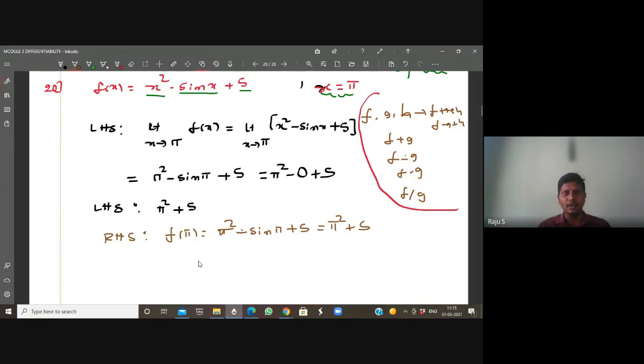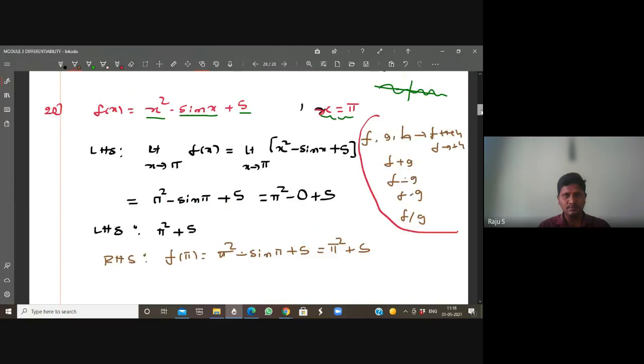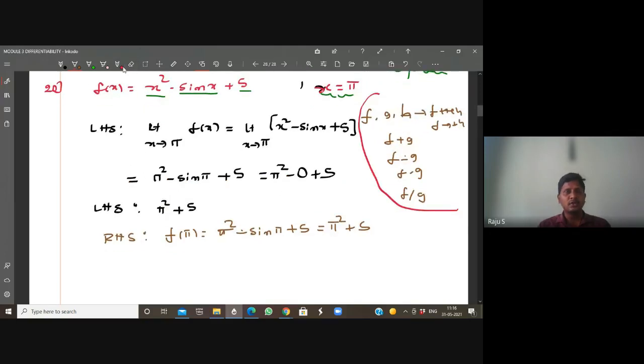Obviously, it is equal. This is the way you can find it for 2 marks. But if they give it for 3 marks, what steps do you want to use? Simple. The LHS and RHS are the same for 3 marks or 5 marks. RHS will be the same, but LHS alone you can find differently.